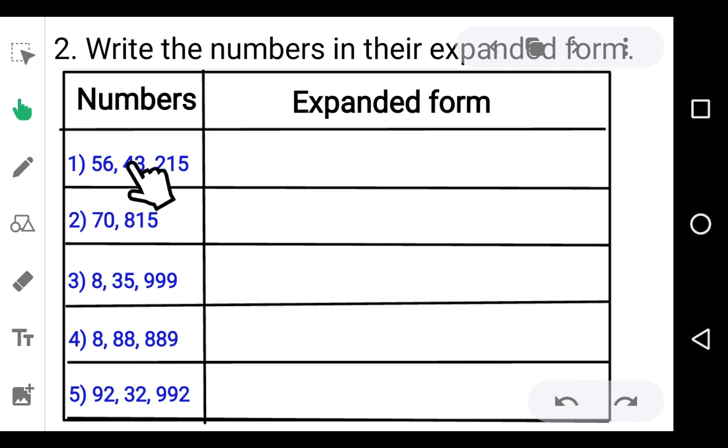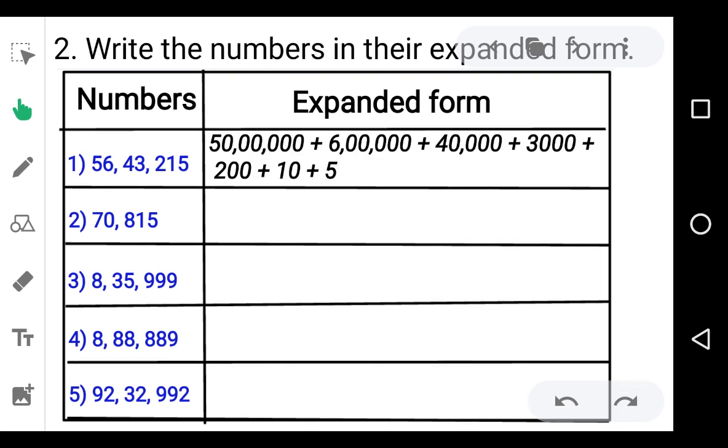Then 40,000, 3,000, 200, then 10 and then 5. So we write the expanded form of this number as, see here, 50 lakh, 6 lakh, 40,000, 3,000, 200, 10, 5. Now see the next one.